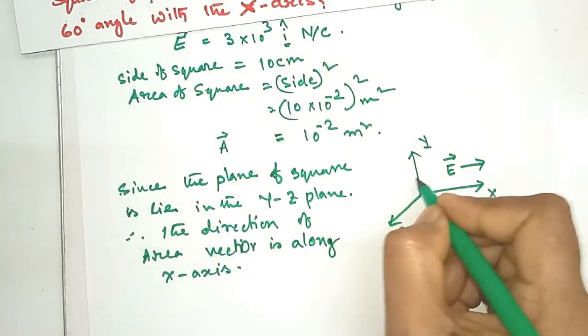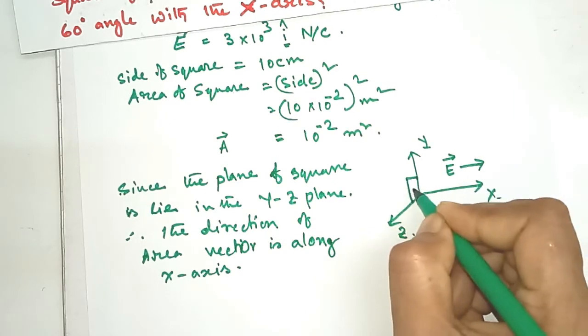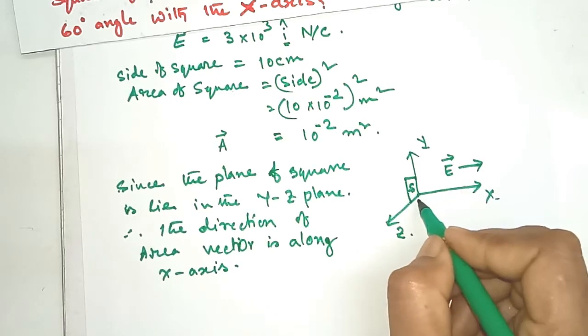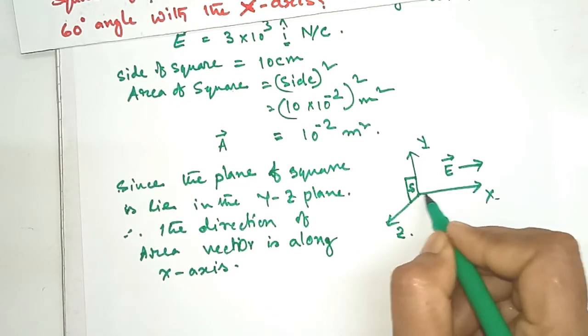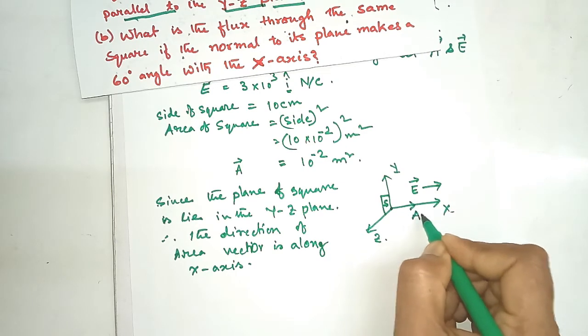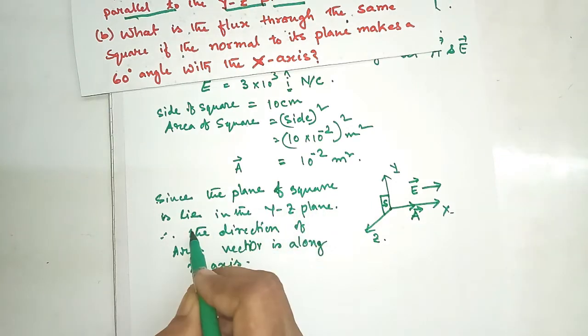This is the surface of the square, we can write S. So the direction of the area vector is along x-axis.